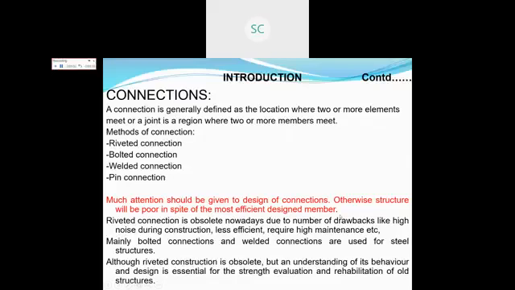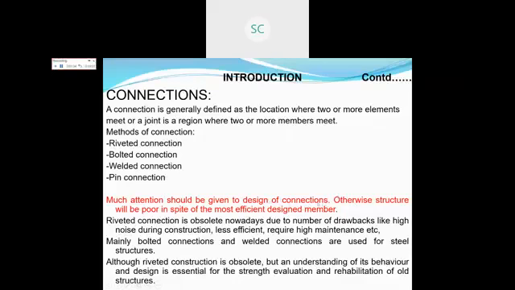What I mean to say is that if you use very good members to construct a steel structure, and your connection is poor, then there is no meaning to it. A good structure depends upon the design of connections.